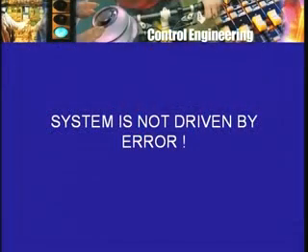The system is of type 0. The system is not really driven by error, but the voltage input, in this case the armature or the field current, is derived in a proportional manner from the output of a difference device.